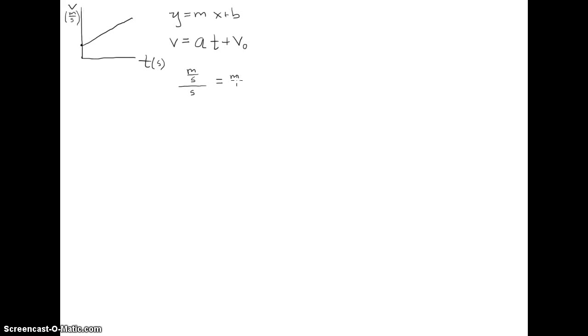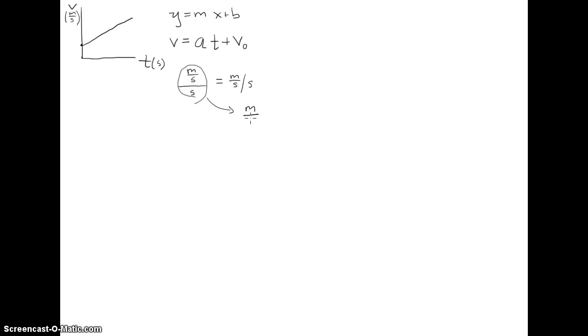Some people like to write it like meters per second per second. Or if we go from this writing here, when we have fractions within fractions, dividing by this s is the same thing as multiplying by its reciprocal.